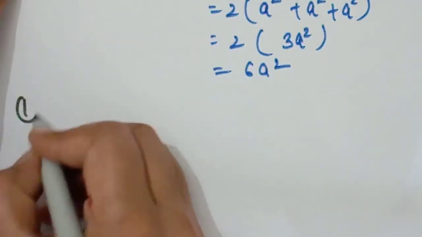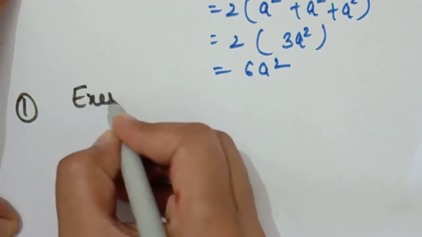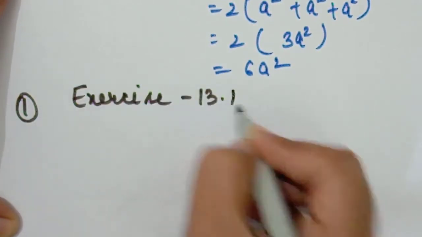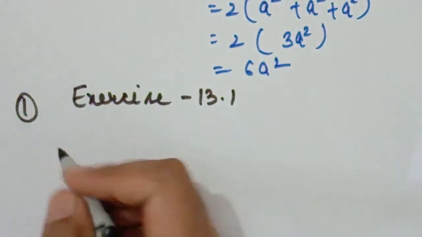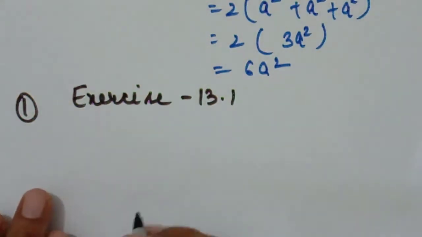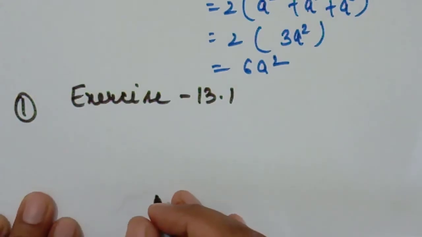So students, exercise 13.1, question number first. The statement of the first question from your NCERT is a plastic box. Students, pay attention. When you read the question, you have to note down what measurement is given. A plastic box is 1.5 meter long.